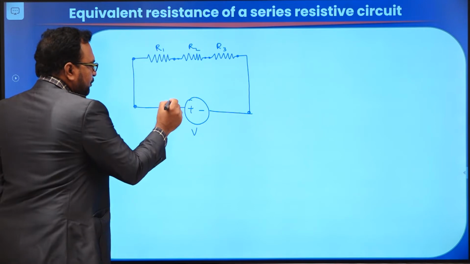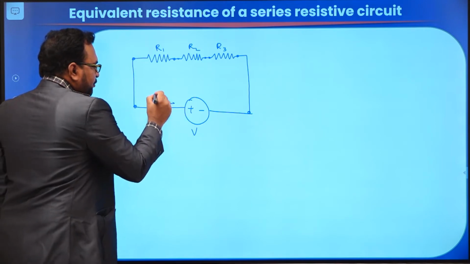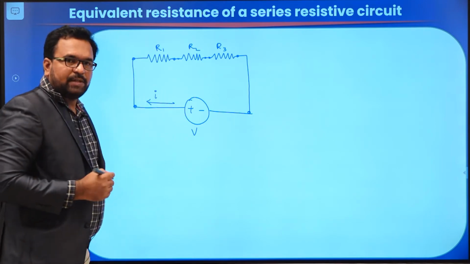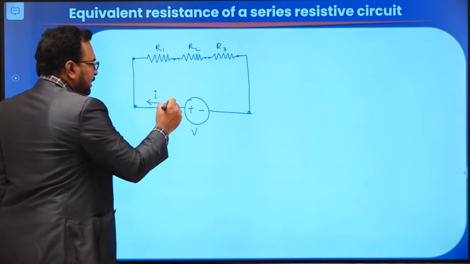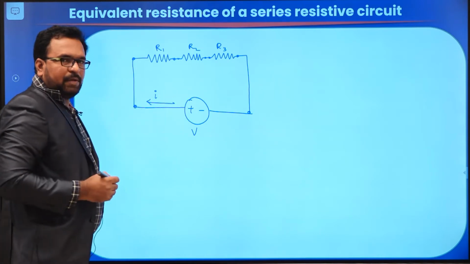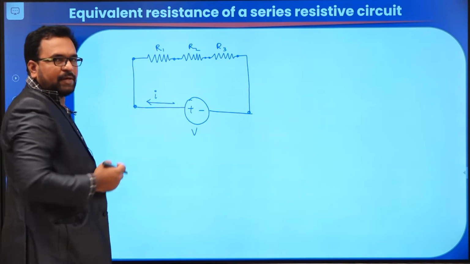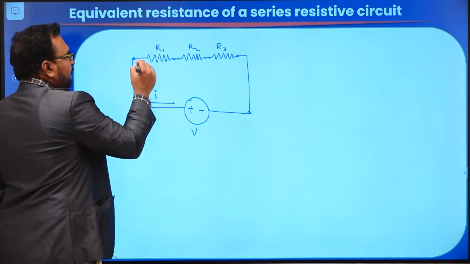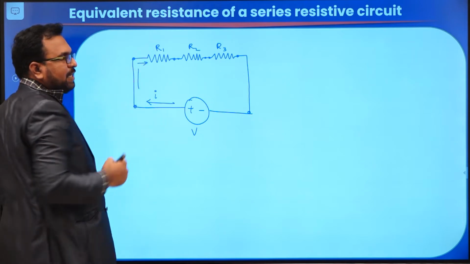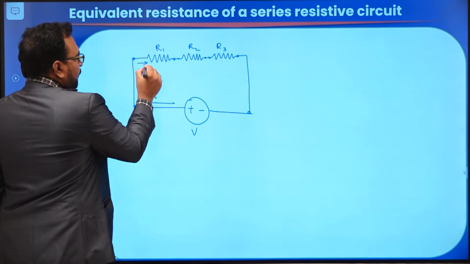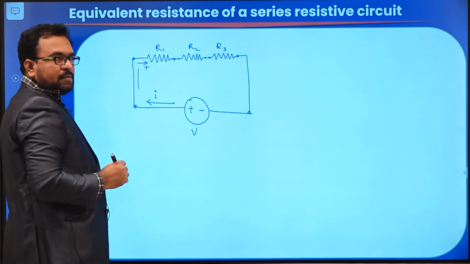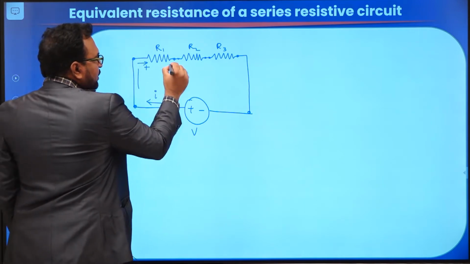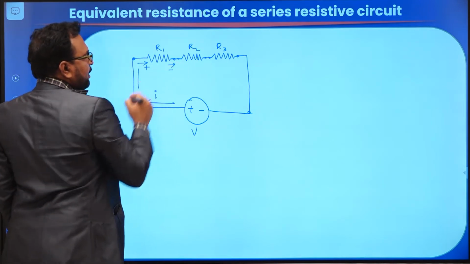I am going to assume that a current I is supplied by the source V, and this current will always come out of the positive terminal because the source supplies power. This current will flow like this and enter R1 from this terminal. That's why we assume this terminal as plus, and the current will leave from this terminal, so we assume it as minus.